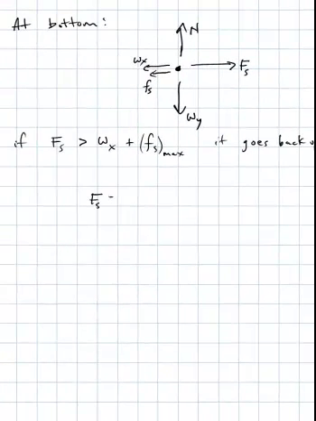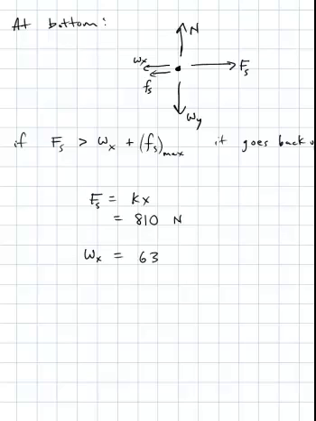What's our spring force? That's equal to kx. And so I plugged in 27 meters for x and 30 newtons per meter for k, and I get 810 newtons. The weight in the x direction we found earlier, it doesn't change as it goes up and down the incline, 630 newtons.